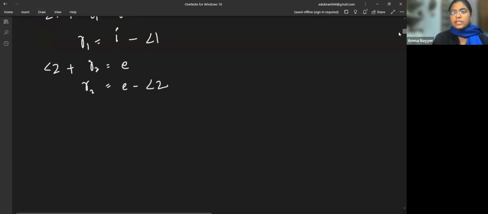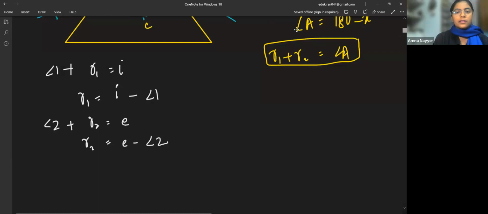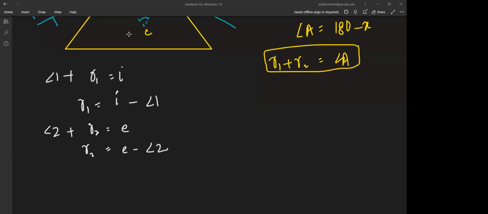So what can we say? If this is acting as the exterior angle, what can we say? Yes, class. What is the equation that is formed whenever you have an exterior angle? See, please remember this property, exterior angle property.